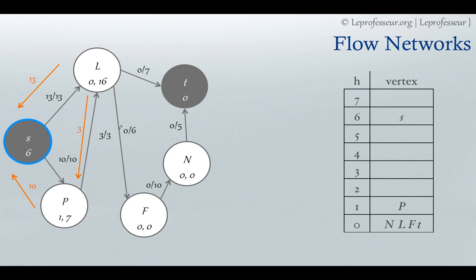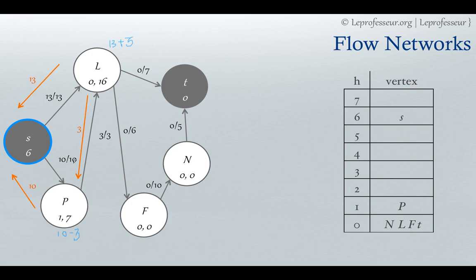And what is the resultant value? The resultant value at node L would be 16: the 13, which was the excess flow earlier on that node, plus 3 more units of flow from node P. And how much is left at node P? It's 10, the earlier flow value, minus 3, that is 7. That is left.